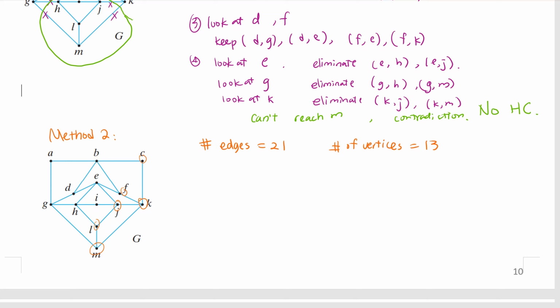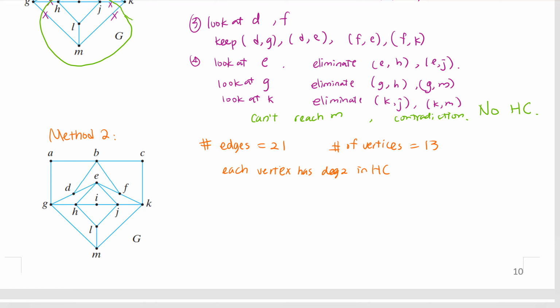Then look at each vertex. We want to count the number of edges that we want to eliminate. Keep in mind each vertex has degree 2 in the Hamiltonian cycle.